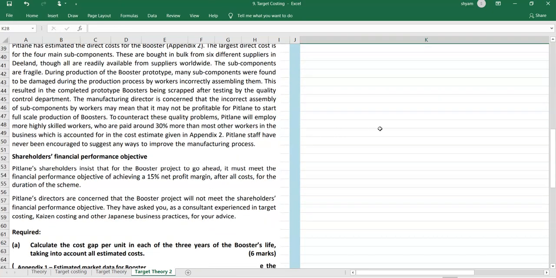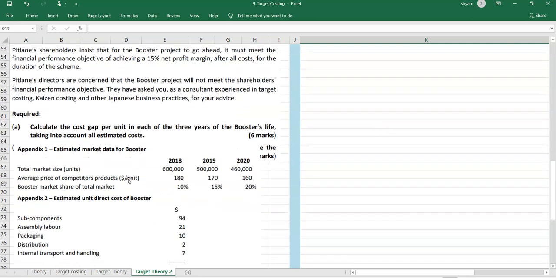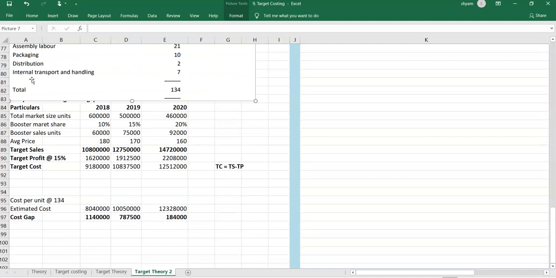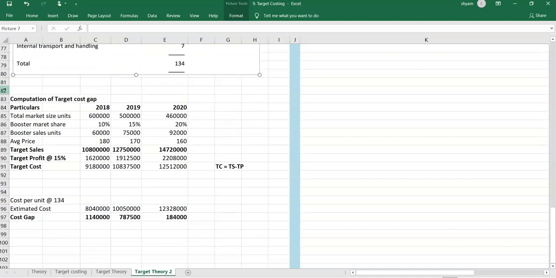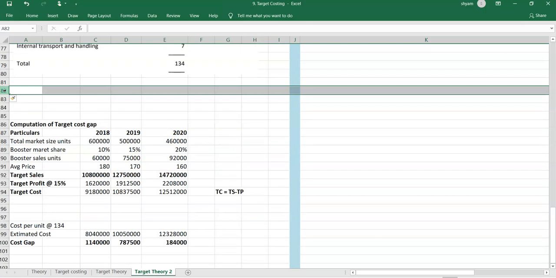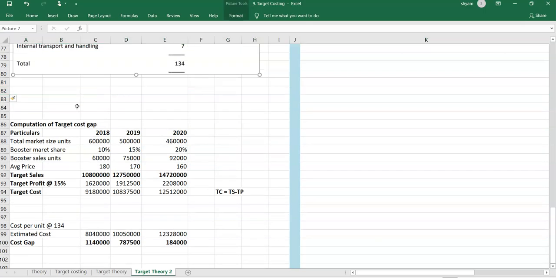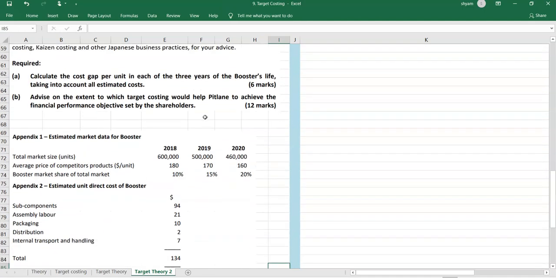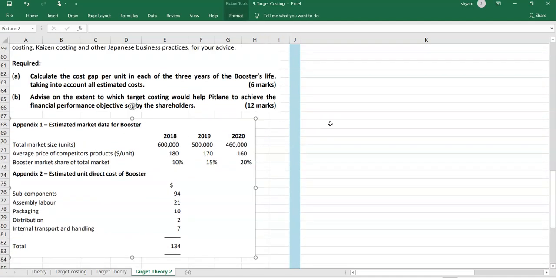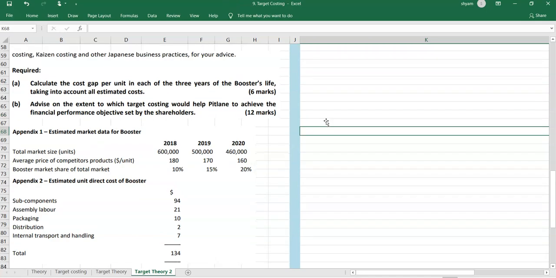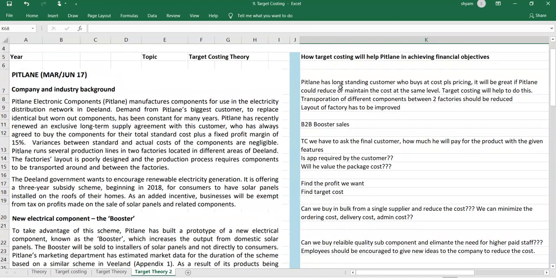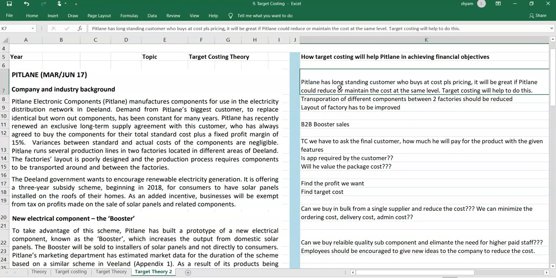We could reduce the cost in many manners here, and we have shown all those manners in which it could be reduced. I think overall we could have gone around some 12 points here. So we have one for long-standing customer, we have to use target costing.